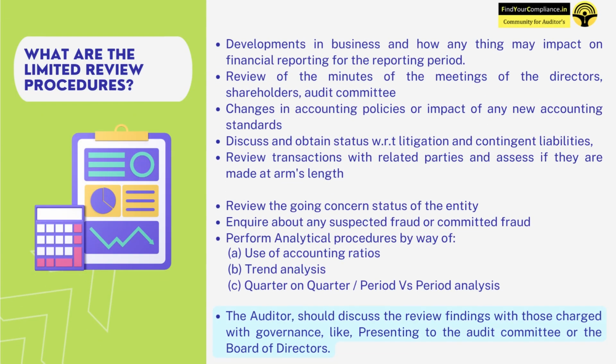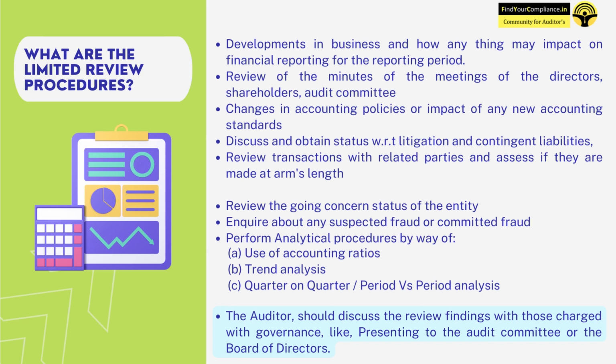Let us now understand the limited review procedures. To begin with, we need to know the developments in business and how anything may impact financial reporting for the reporting period. The auditor should read the minutes of the meetings of the directors, shareholders, and the audit committee.